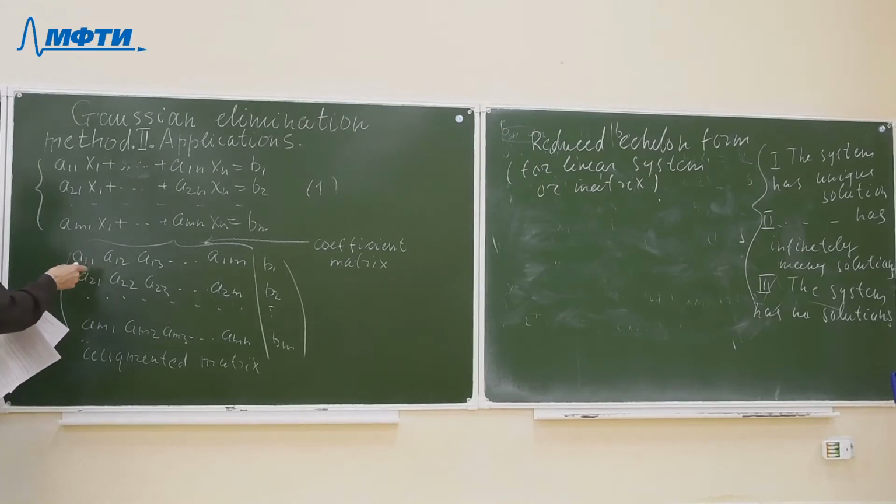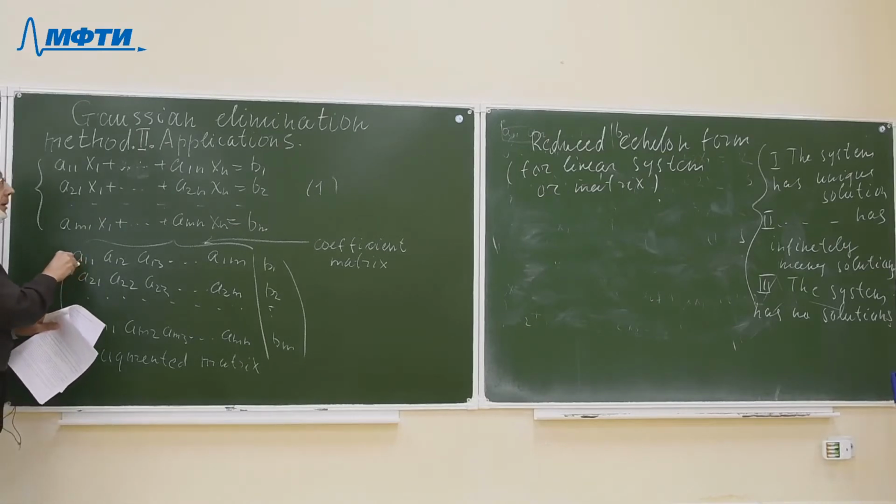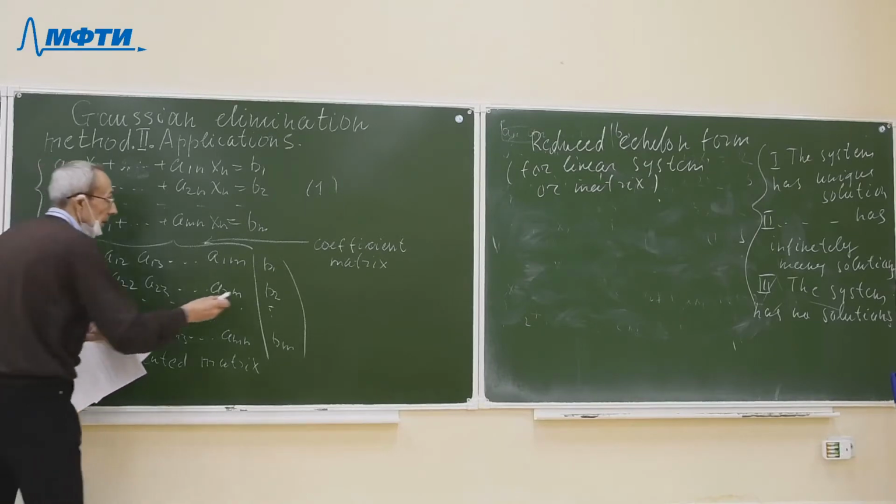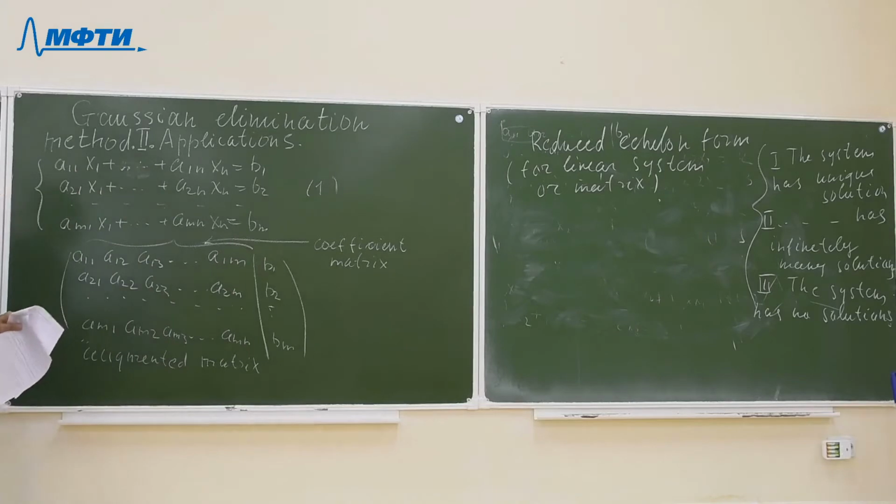We write only the coefficients, first of all the first equation, and we also use convenient notation. We will use one letter, A, for the coefficients of the equations of our linear system, and letter B for the constant terms.